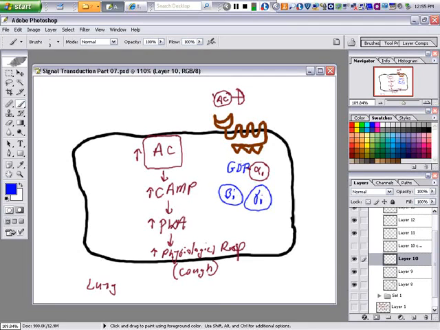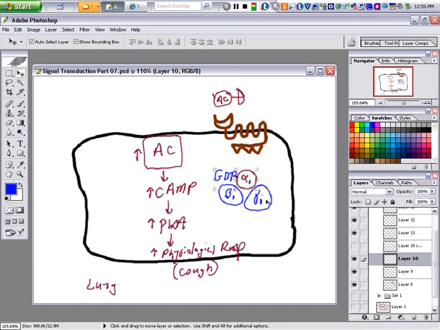Does that make sense? Now, do you want to know the name of the disease or the name of the toxin? The toxin, okay? We're going to name the disease first, however. So let's do this. Now what happens when you have GDP bound, you have alpha, beta, and gamma all together.